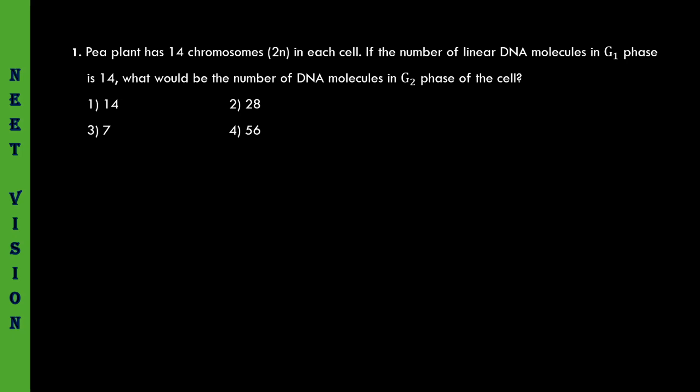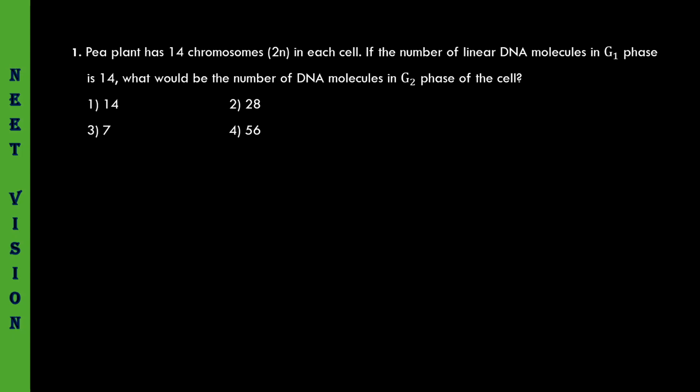At the end of S stage, the amount of DNA is doubled. Hence, the 14 DNA molecules will become 28 DNA molecules. Each DNA molecule is present in one chromatid, and the chromosome has two chromatids at the end of S stage.